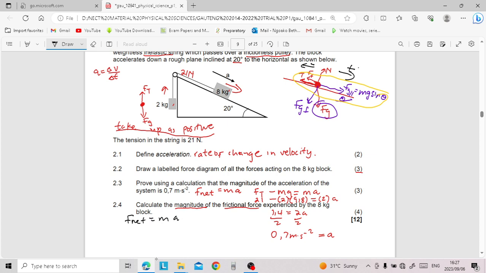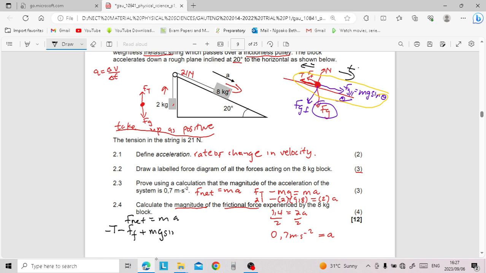Now F net is the forces acting parallel to the surface, since our object moves parallel to the surface. We have minus tension, then minus frictional force, and then F G parallel, which is mg sin theta, going down the incline, positive.